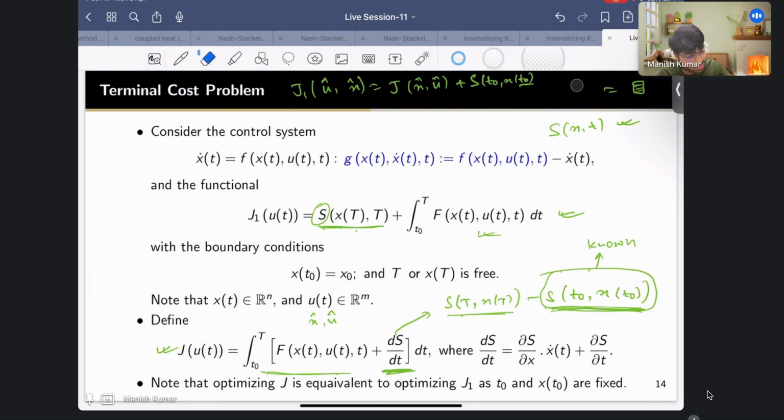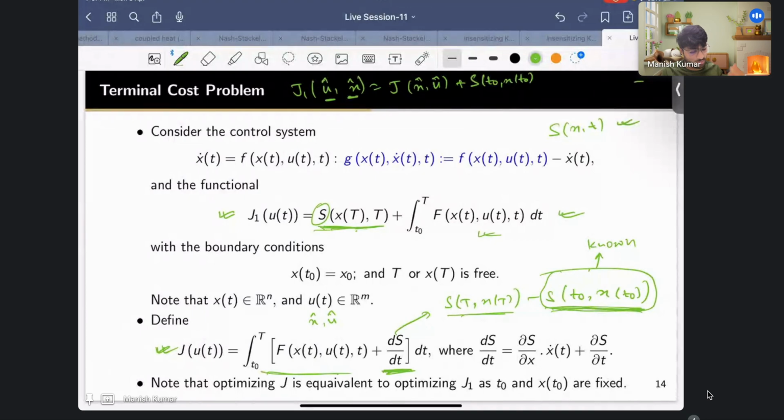If you do this, you will get the minimum value of J1, but it will be attained at the same point u hat, x hat where the minimum of the original functional is attained. So instead of optimizing the original functional, you optimize this new functional. Here you are just writing this s in a derivative form, that's it.